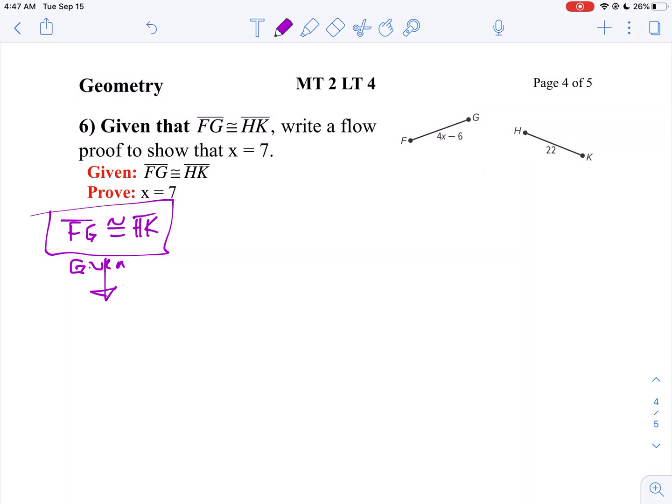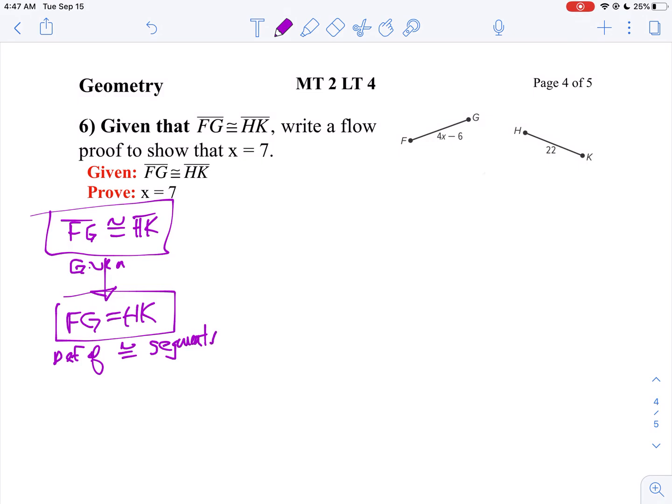So if I'm told FG is congruent to HK, what follows from that is FG equals HK. So you get rid of the congruent sign and the segment, because now we're talking about the distance. This is called definition of congruent, in this case, congruent segments. There's congruent angles also. And that's what we know from the given.